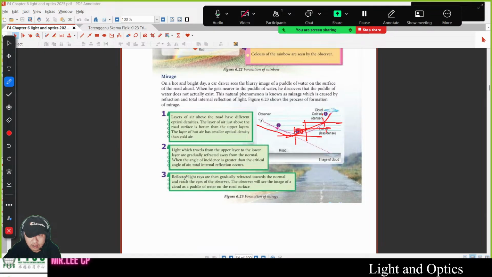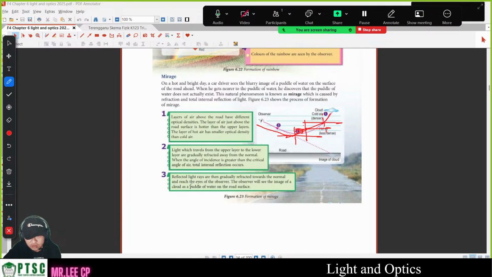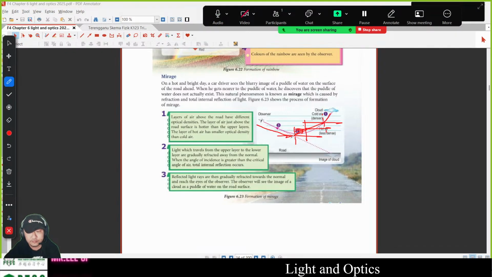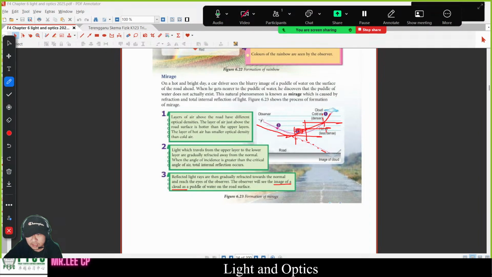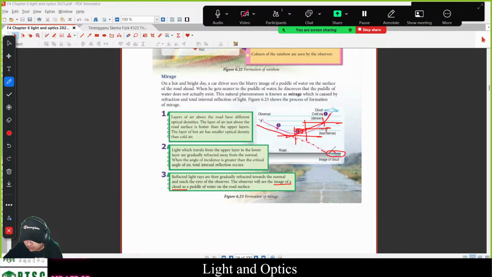So the reflected light ray is gradually refracted toward the normal and reaches the observer's eye. So the observer will see the image of the sky as a puddle of water in the middle of the road here.